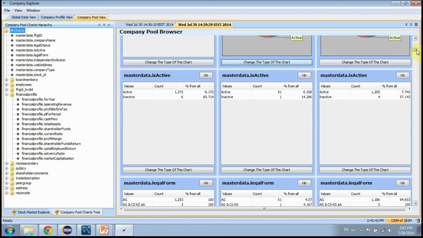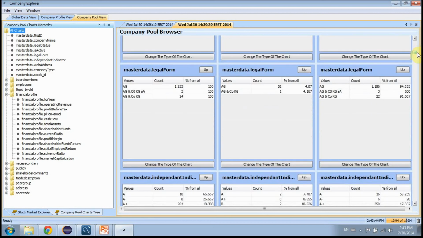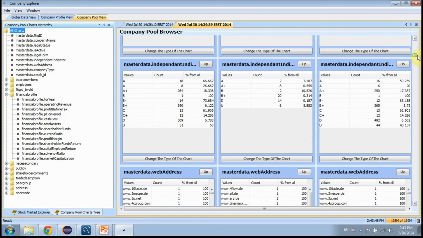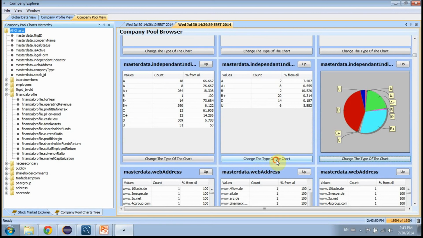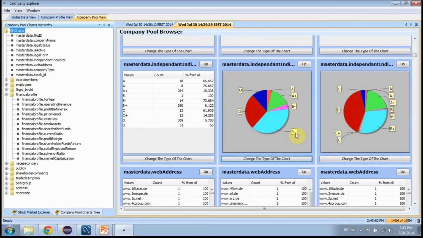And active, inactive. Or here is another very interesting observation. Companies which are on the stock market and have a large solvency ratio, greater than 0 actually, also have the independent indicator C or C+, which the companies with a small solvency ratio don't have.